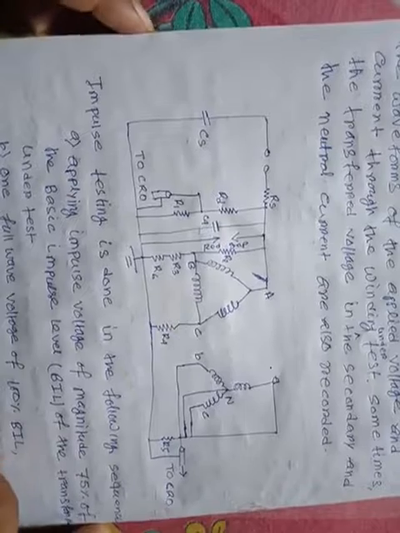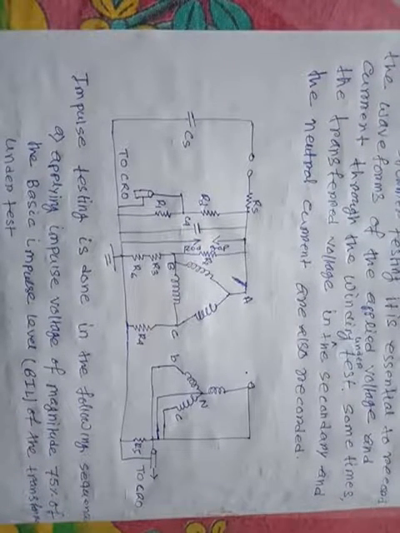In transformer testing it is essential to record the waveform of the applied voltage and the current through the winding under test. Sometimes the transient voltage in the secondary and the neutral current are also recorded.